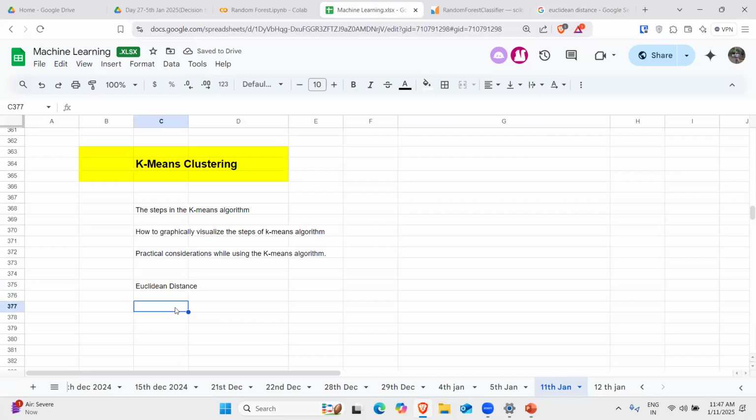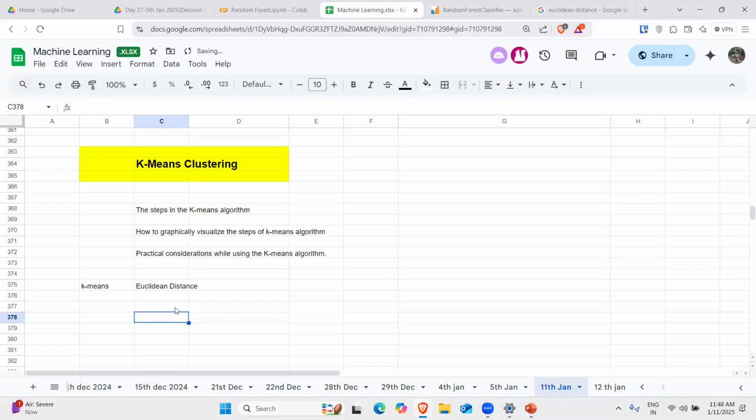You find the distance between the data points by using Euclidean distance. The distance measure that we use in K-means is called Euclidean distance, and I have already explained how to calculate this distance between two data points, right?